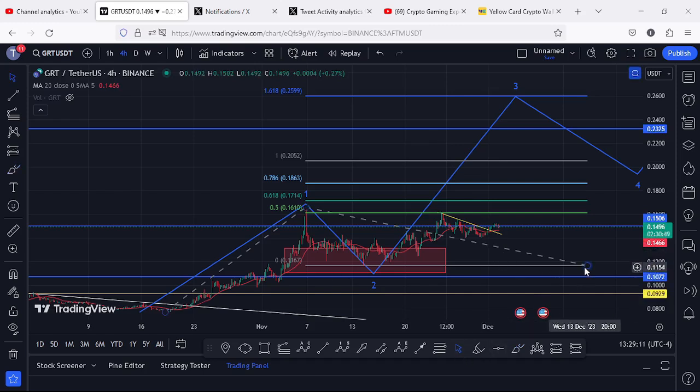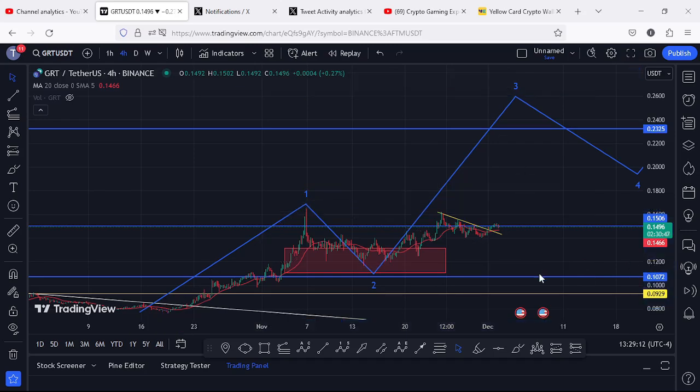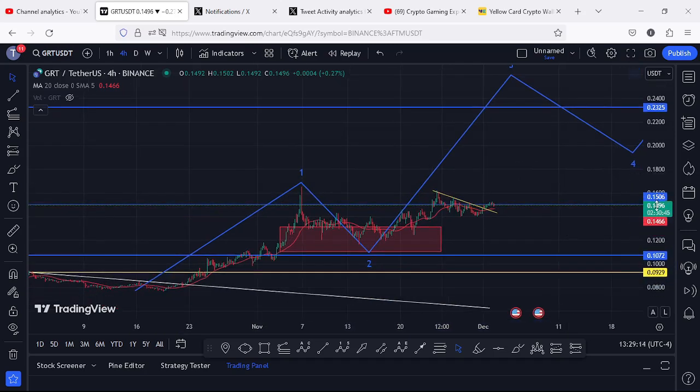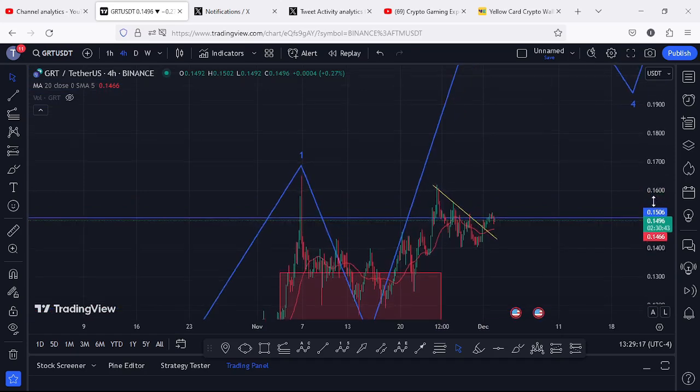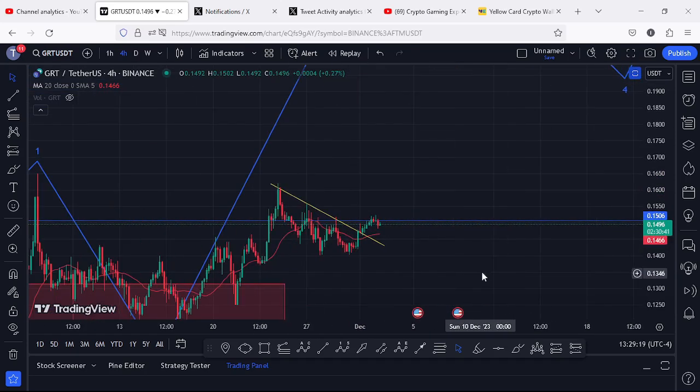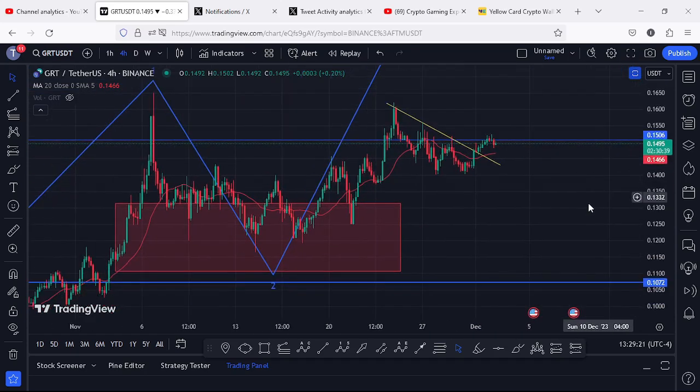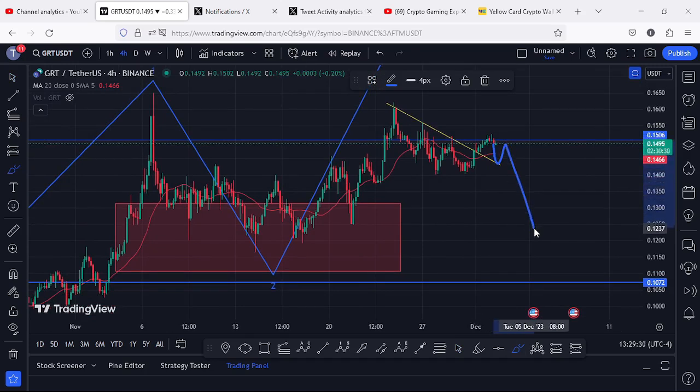We also need to have in mind that there are chances that we can get rejected at this key area of resistance, and in case such a movement plays out, then that will be suggesting a pullback in the next coming hours. In case we get rejected, I will be watching for this red target area over here between the $0.13 mark and the $0.1 mark to continue holding.